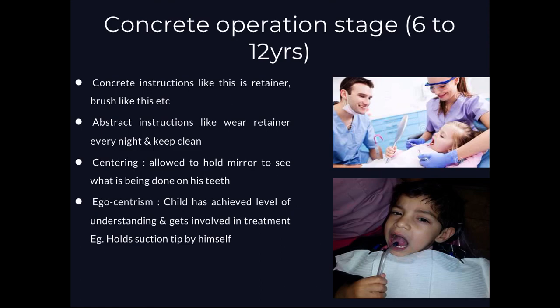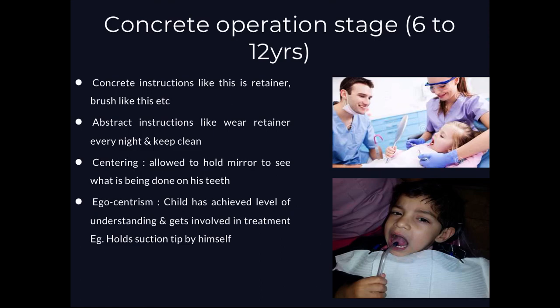Next is the concrete operational stage, that is 6 to 12 years. Now a child will understand concrete instructions like this is a retainer, you have to brush like this, you have to wear the retainer at night, you have to clean it every day.